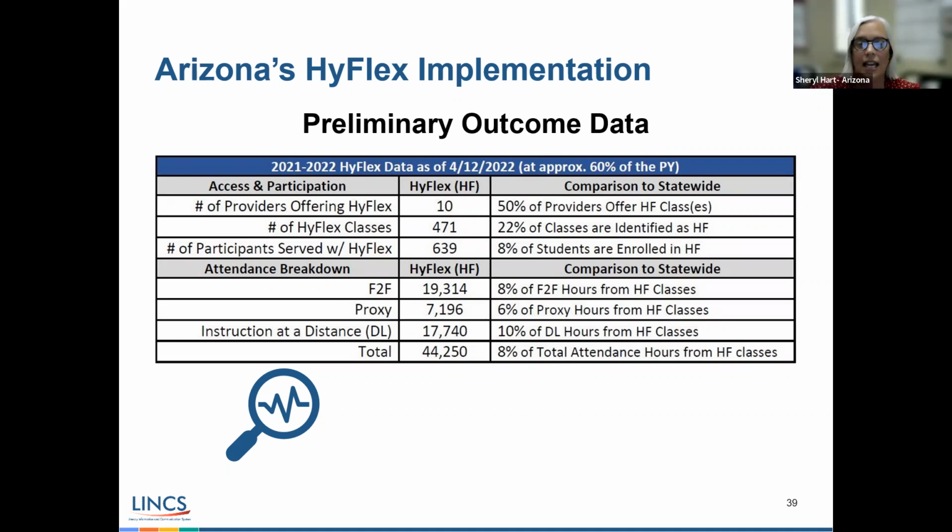So that lines up. How does it break down? Almost 20,000 are face-to-face. 8% of total attendance is face-to-face. 6% are proxy hours, and then 10% are distance learning hours from HyFlex.